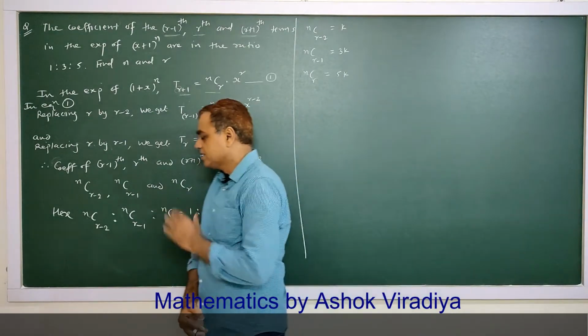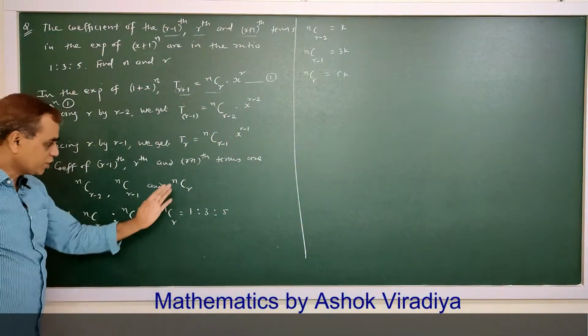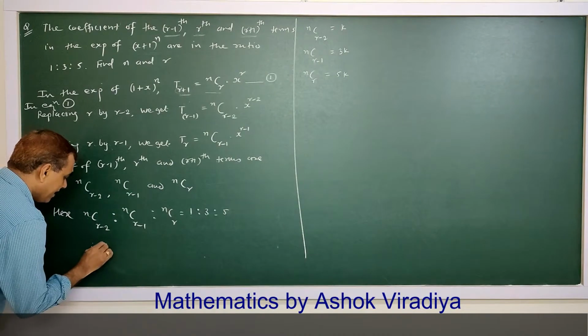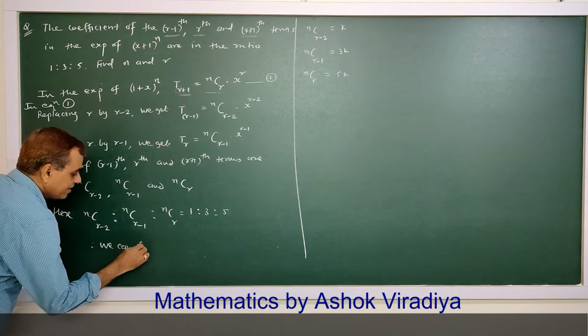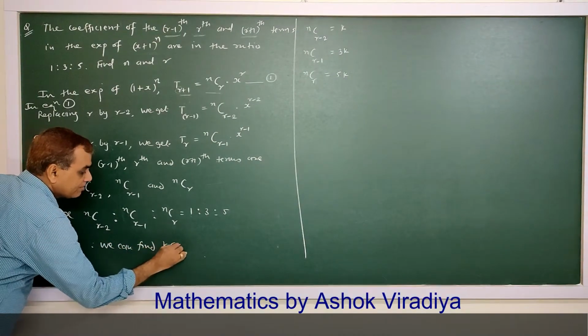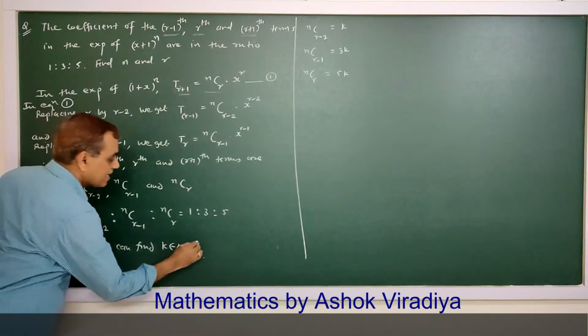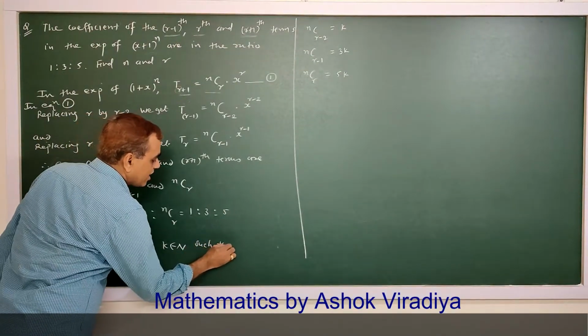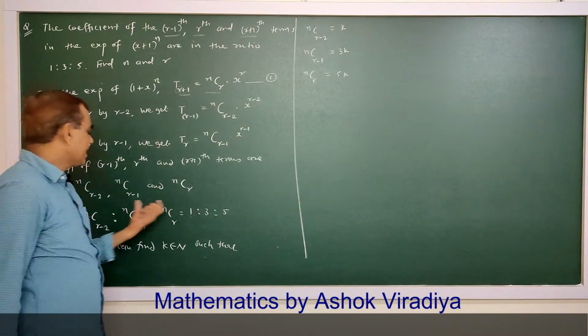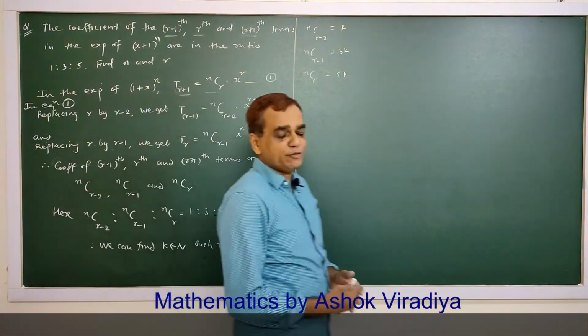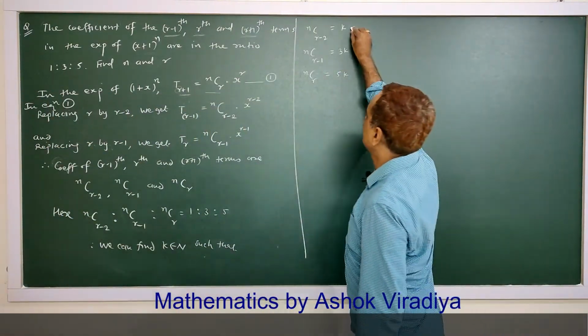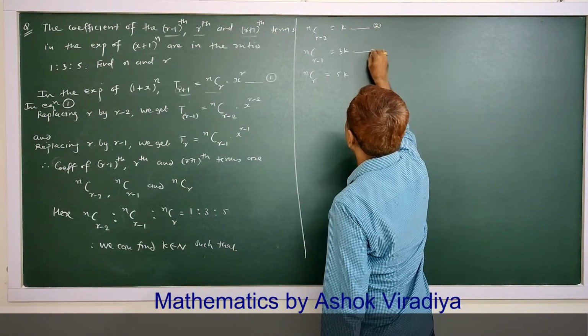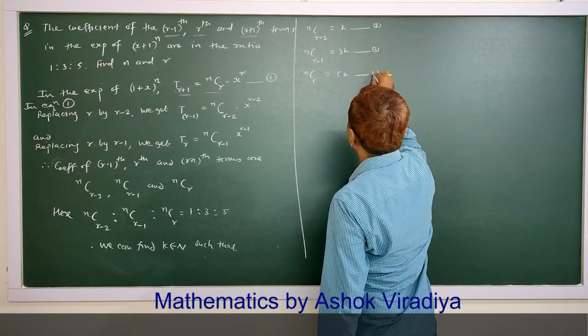Because these are in proportion 1:3:5, we can find K, some natural number, such that this is 1K, this is 3K, this is 5K. Let me call these equation 2, equation 3, equation 4.